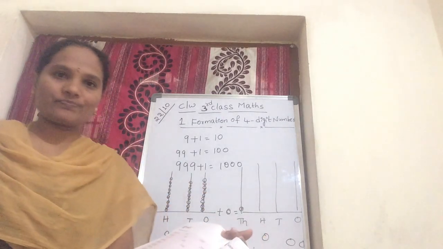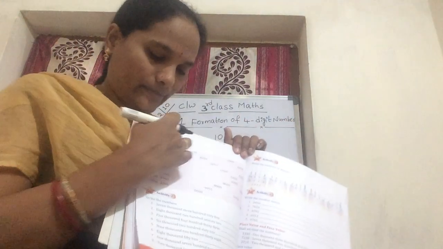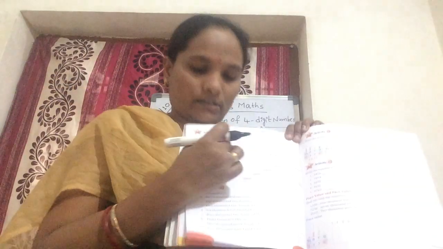In activity 1, write the missing numbers, 1000 to 10,000, Amma. Whatever numbers you need, you fill here. Okay, fill up this.